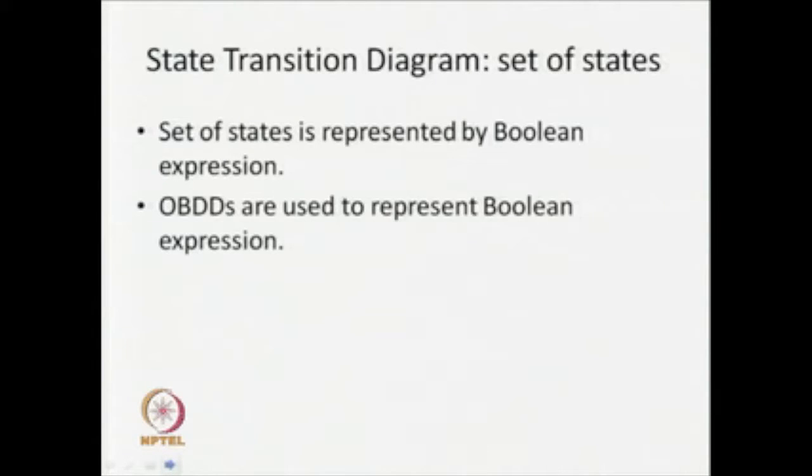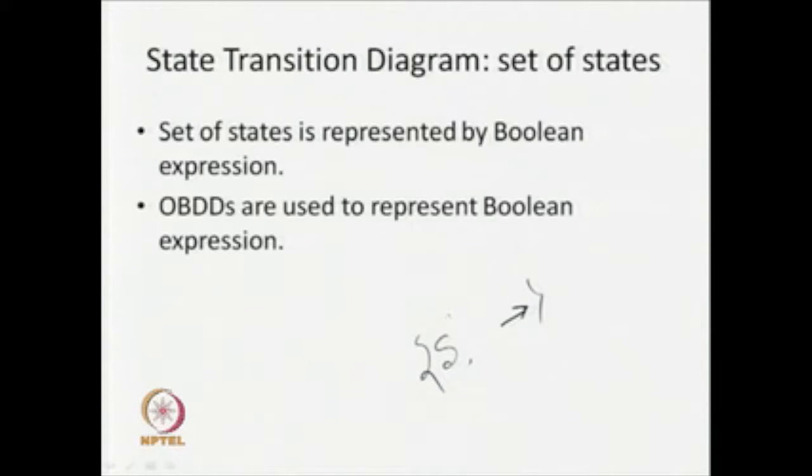Okay. Now, in a nutshell, what we can say is that a state transition system is nothing but a set of states and one transition relation. These are the 2 basic components, the set of states and the transition relation.